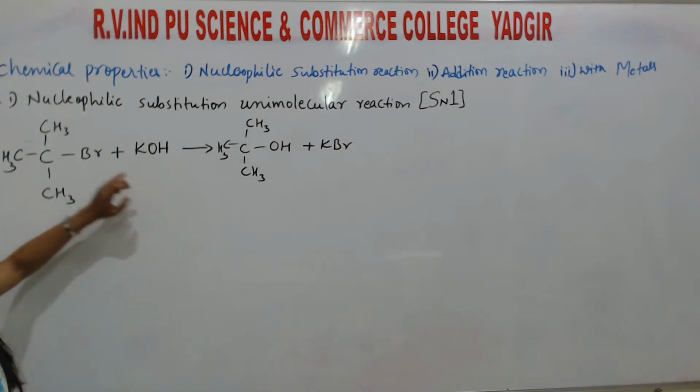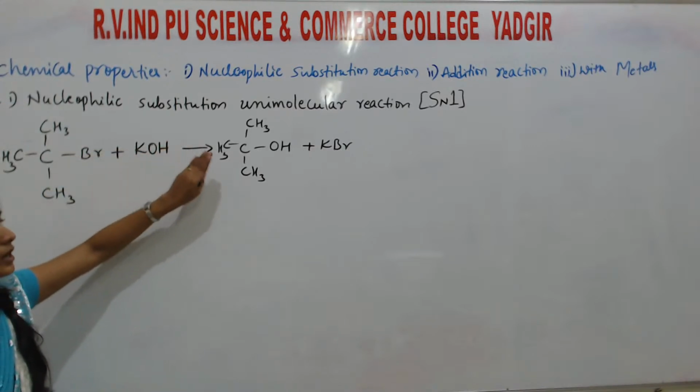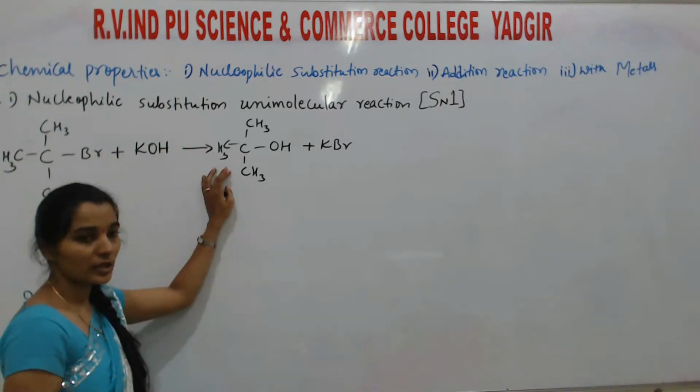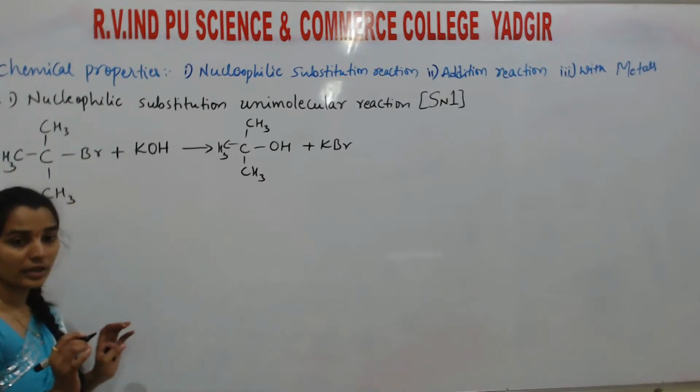This is the main reaction. Tertiary butyl bromide reacts with KOH, alkali, and forms tertiary butyl alcohol along with KBr.